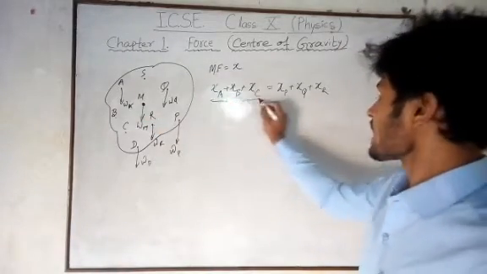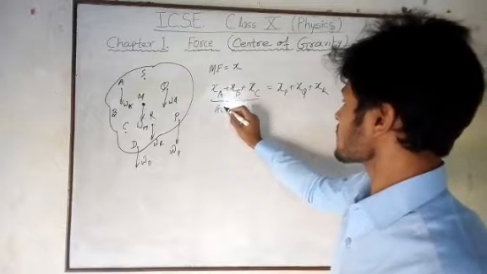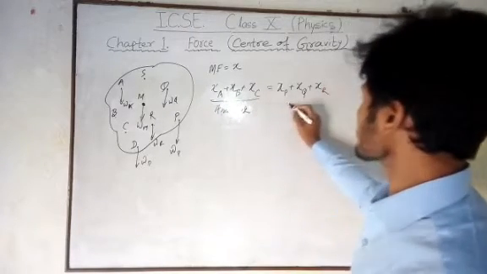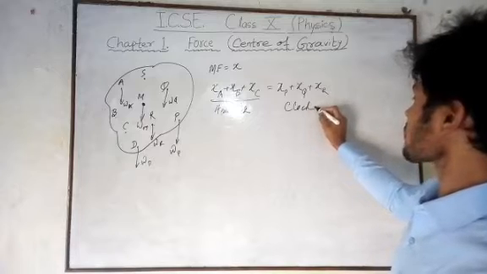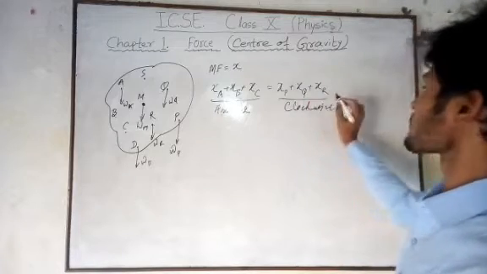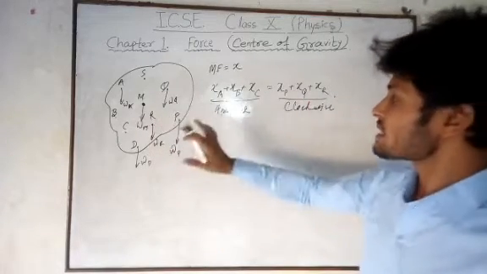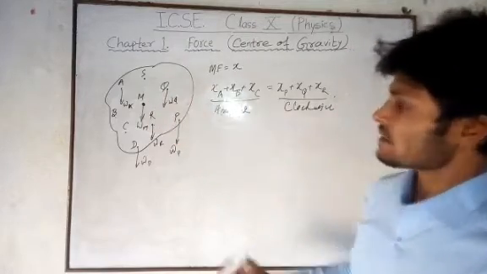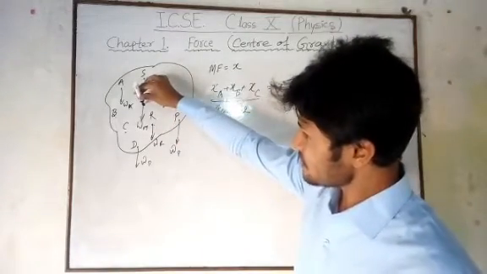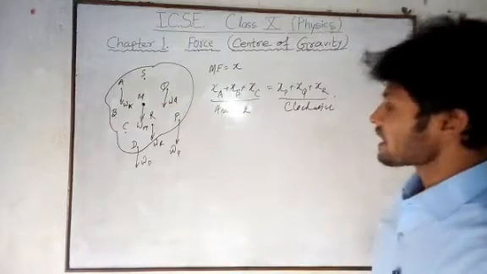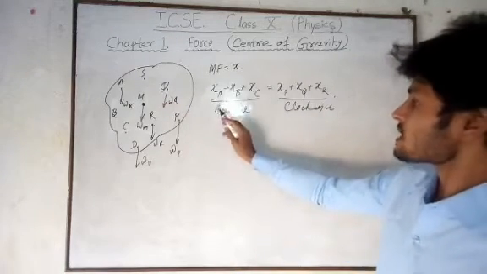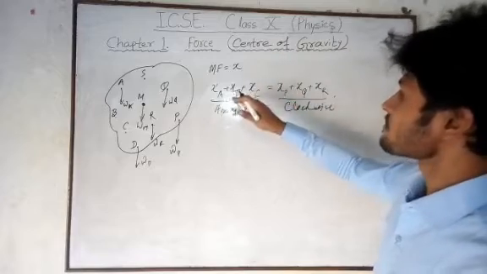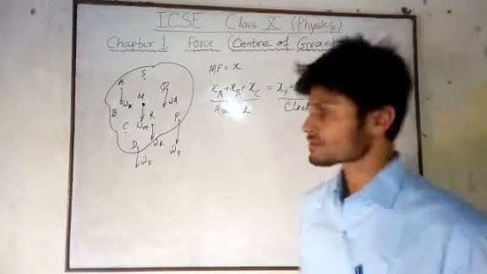So these are the anti-clockwise moments, and these are the clockwise moments. If the body is in a state of equilibrium, that means it is at rest, pivoted at the point M, then the anti-clockwise moment should be equal to the clockwise moment. This is the principle of moments.